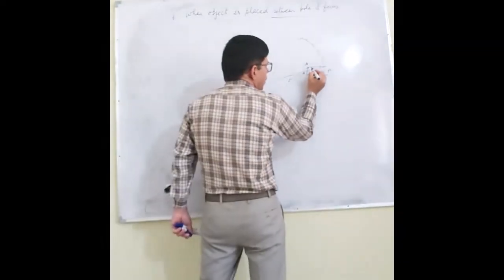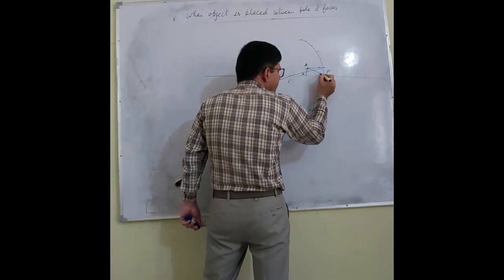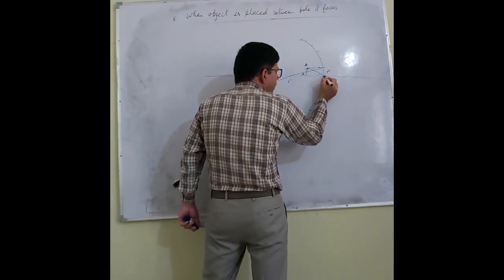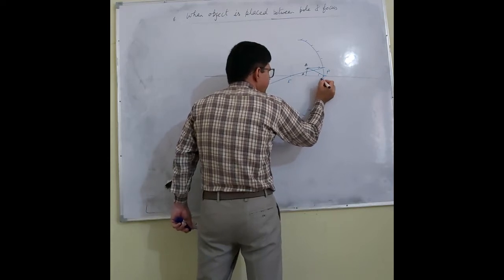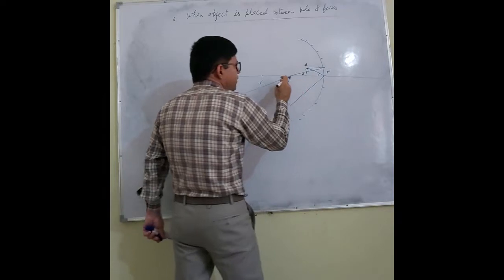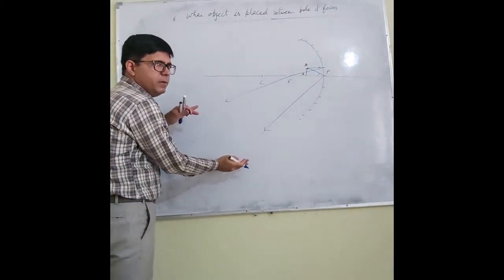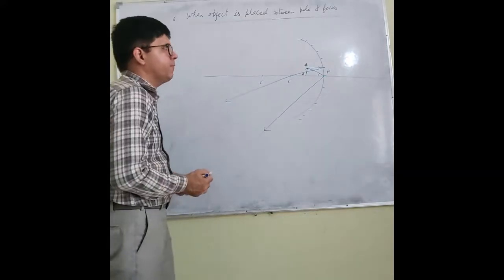So what I will do? Let us say a ray of light is incident at pole and it will be reflected at the same angle. Now these rays are not meeting here because separation between them is increasing, so it's diverging.